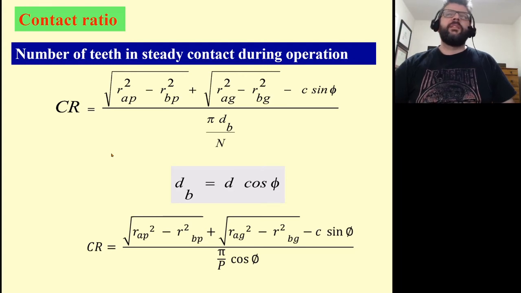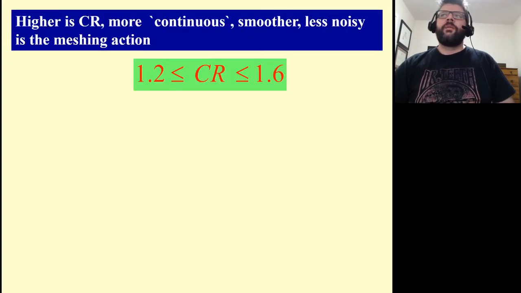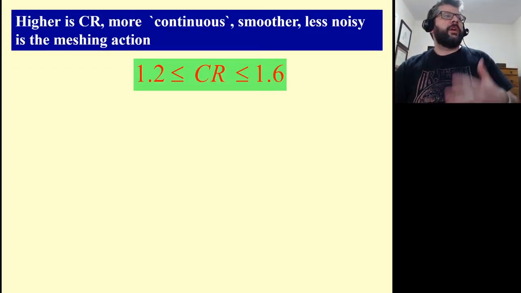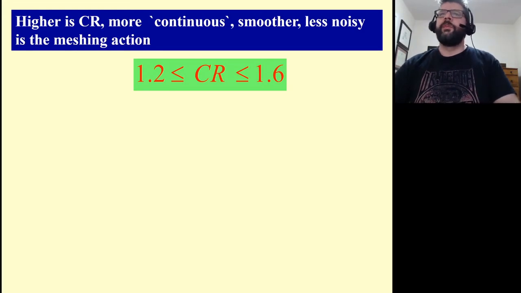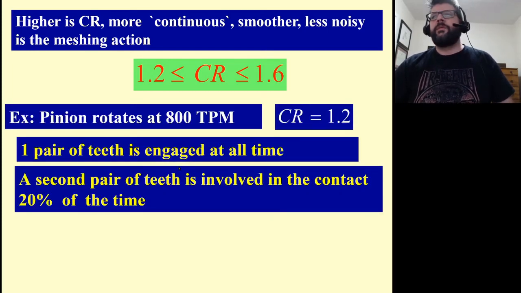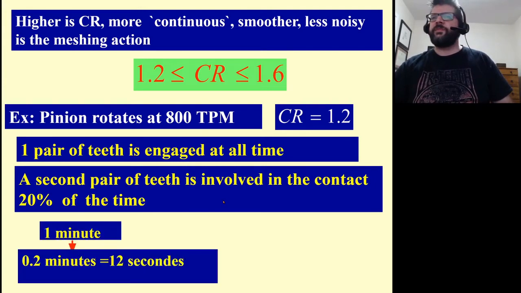When we have a high contact ratio, it's going to be smoother and less noisy when it's meshing. So we generally want something in the 1.2 to 1.6 range.